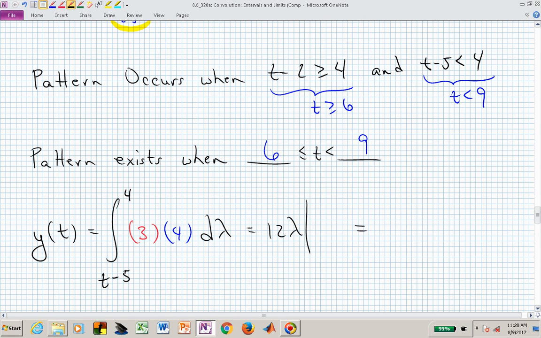This is now 12 lambda evaluated at the upper and lower limits of 4 and t minus 5. I now have 12 times 4 minus t minus 5. Or what's inside the square brackets is now minus t plus 9.